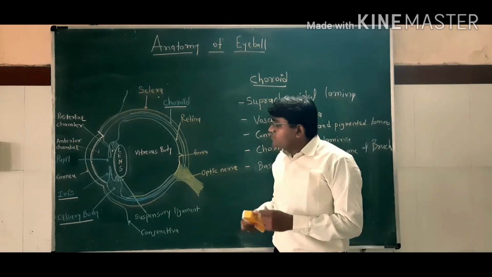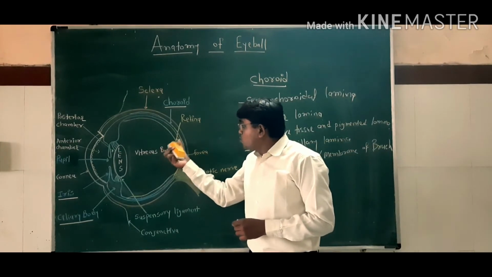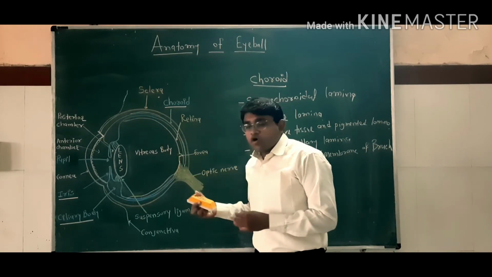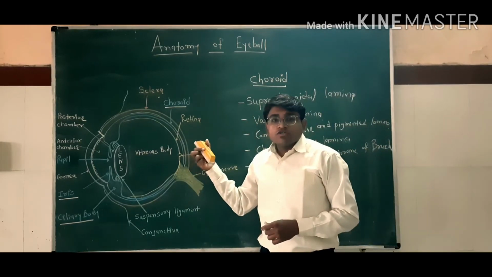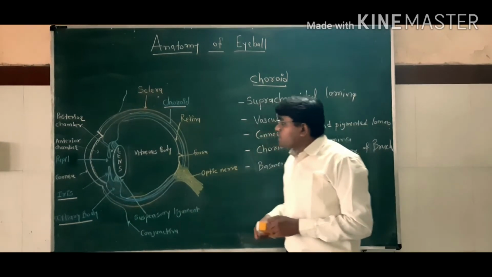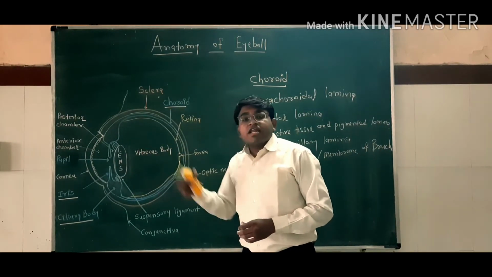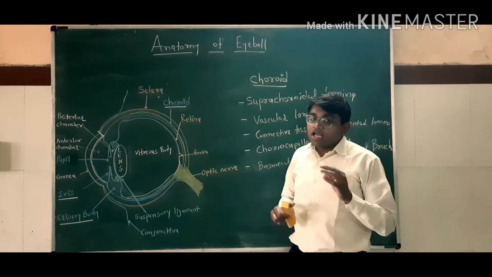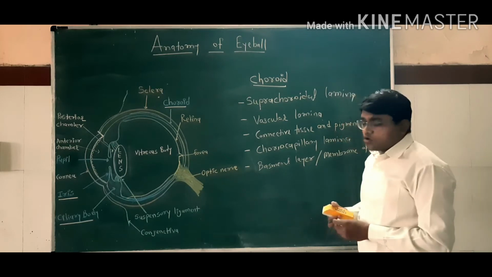If there is excessive light travelling through the retina, it will be absorbed by the pigments present in the choroid. So they control the reflection of light into the vitreous body, which is very important for clear vision. So that is all about the choroid.